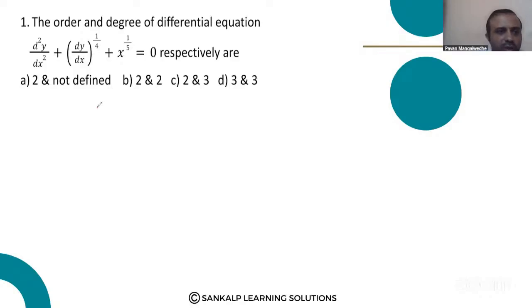Which means that in option A, 2 is the order and not defined is the degree, in B 2 and 2 are order and degree, in C 2 is order and 3 is degree, in D order is 3 and degree is also 3. So what are the order and degree of the differential equation?